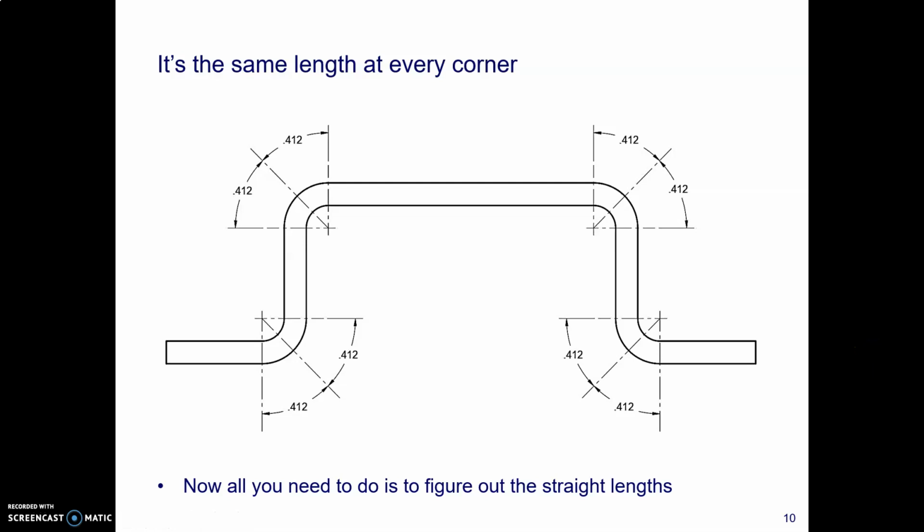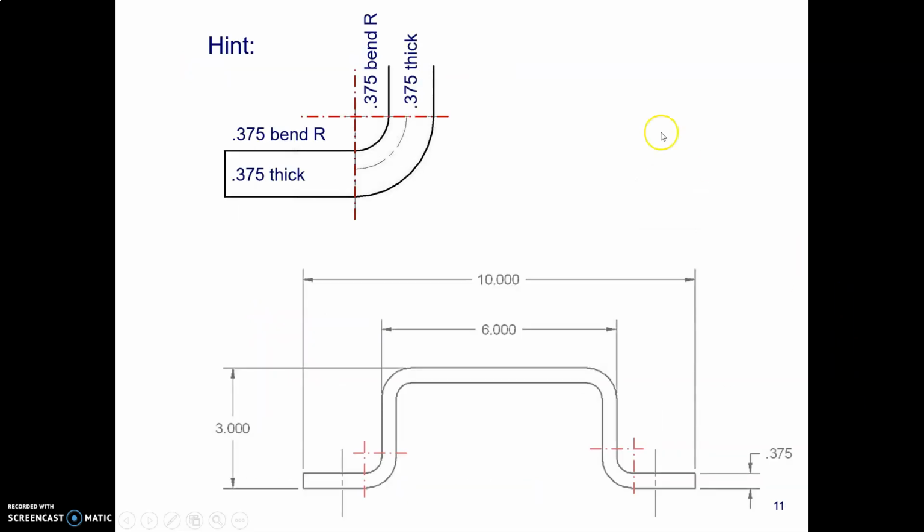Now all you need to do is figure out how long these straight segments are, and that will allow you to figure out the location to the middle of each bend. So let's work through those. Our helpful hint is that our material is 3/8 thick in this part, and we have a 3/8 bend radius inside each corner.